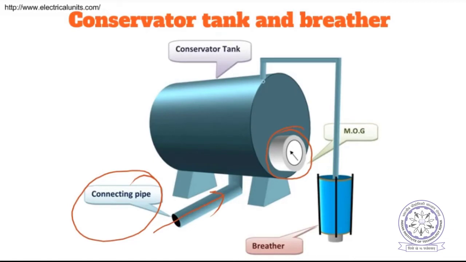Whenever the oil level increases, the air will flow out, and whenever there is a decrease in oil level, air will come in through the breather. This breather is actually a silica gel tank kind of structure in which silica gel crystals are kept. Those will absorb the moisture from the outside air and then allow the air to come inside.